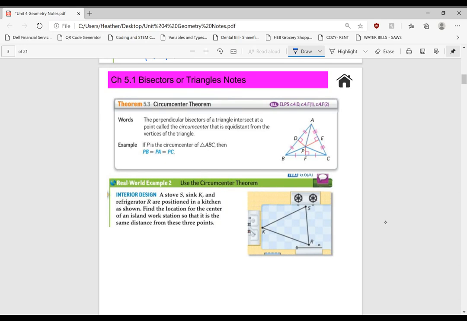In this example, if P is the circumcenter of triangle ABC, then PB is equal to PA, which is equal to PC. So let's see them on the graph. PB, which is right here, is equal to PA, which is equal to PC. Since P is in the center of this triangle, all of these segments coming off the vertices are going to be equal.